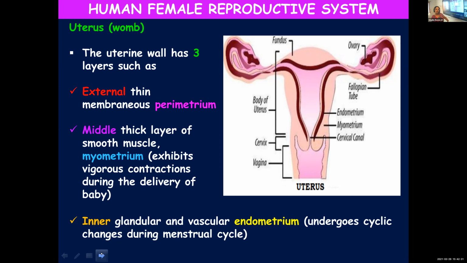So the three parts of the uterus are upper fundus, middle body, terminal cervix, and the uterine wall is made up of three layers: perimetrium, myometrium, and endometrium.